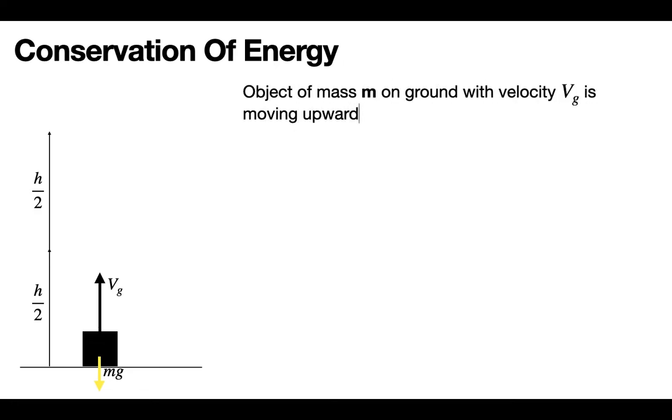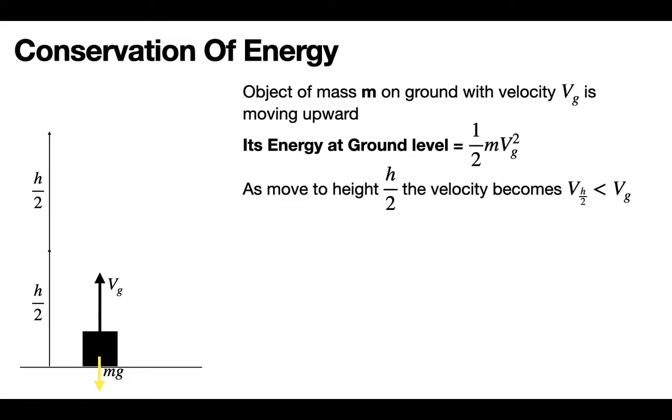So an object of mass m on the ground with velocity Vg is moving upward. Its energy at ground level, because it is pure kinetic energy, is equal to half m Vg square, where Vg is the velocity at the ground.